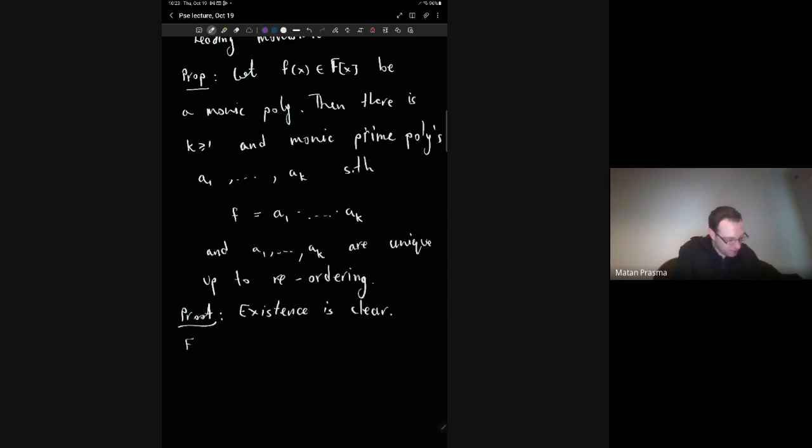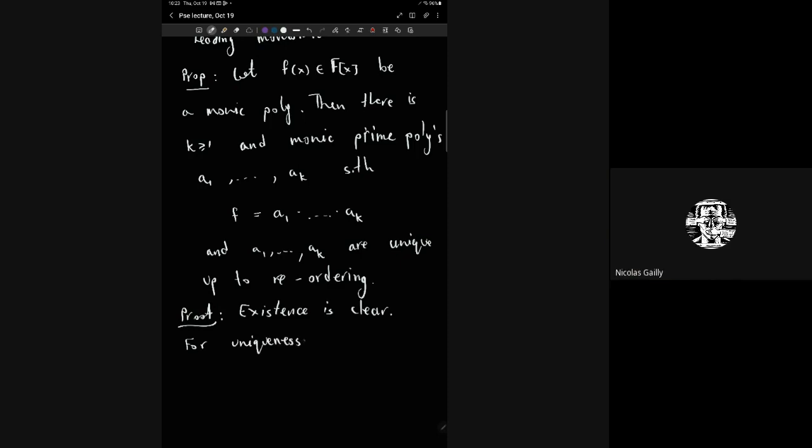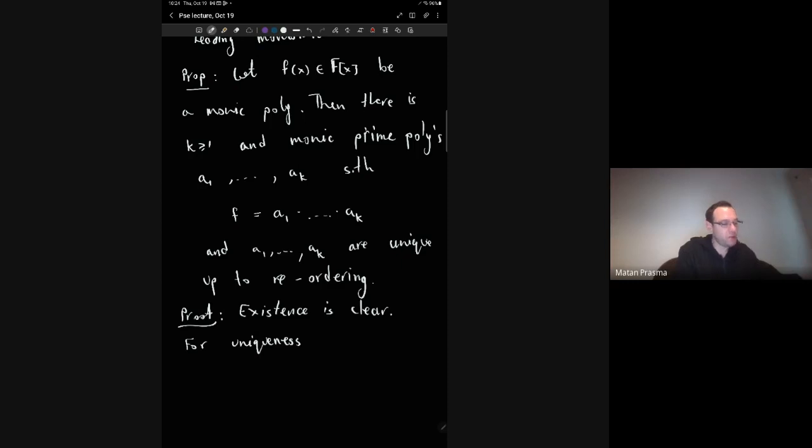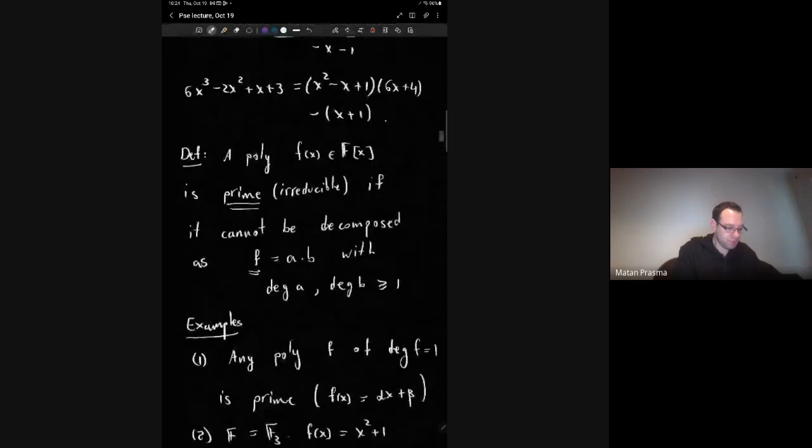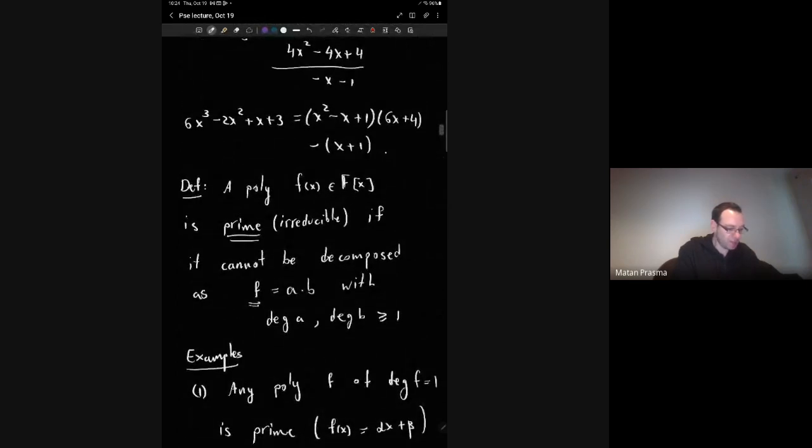For uniqueness, yes, sorry again. So when you say if f is not prime, it must be the product of two polynomials. But in this case, there could be a remainder. No. If you look at the definition of prime, prime means that it cannot be decomposed as a non-trivial product.